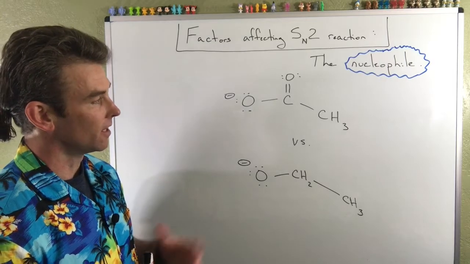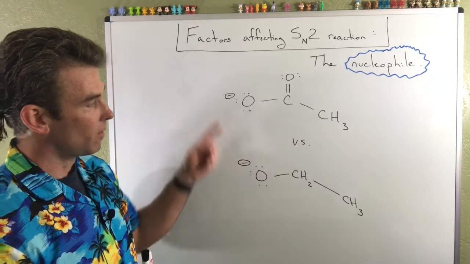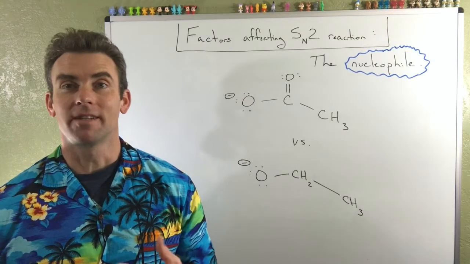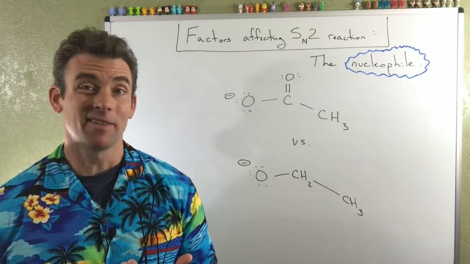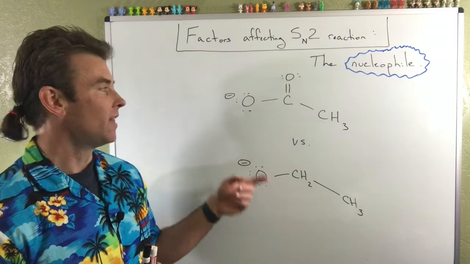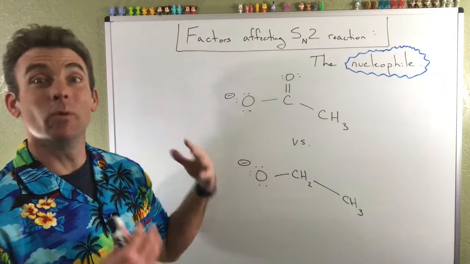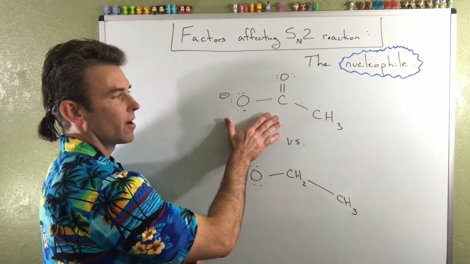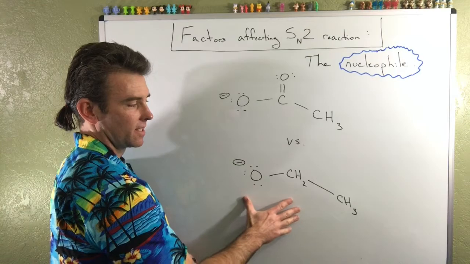So let's set up one more competition that'll allow us to talk about another factor that we should consider. You'll notice that both of these are oxygens with a minus charge. And so you might think, oh, they're both spectacular nucleophiles. It turns out that this guy is a far better nucleophile than something like this. And the reason is, once again, the resonance. This guy right here has resonance, whereas this does not.